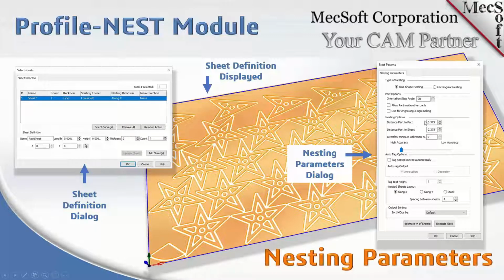One thing to mention on the part-to-part distance: that will be the distance between the toolpath center lines. So the center tip of the tool will be that distance between that profile and the next profile. We also have some tagging options and options to control how the layout of the sheet is displayed on the screen. Then you have additional options to sort the operations and the nested sheets within each sheet. And then obviously you can estimate the number of sheets and execute the nest.